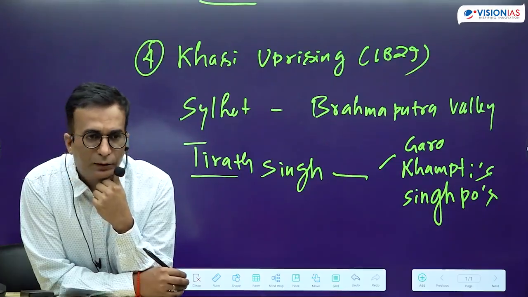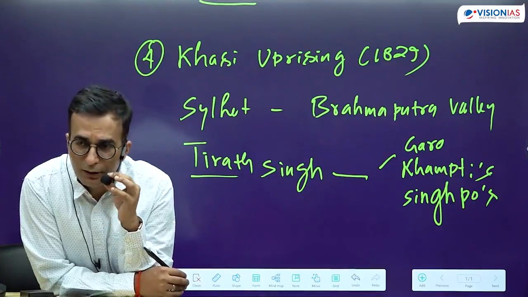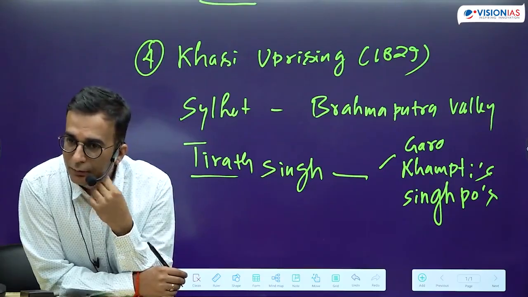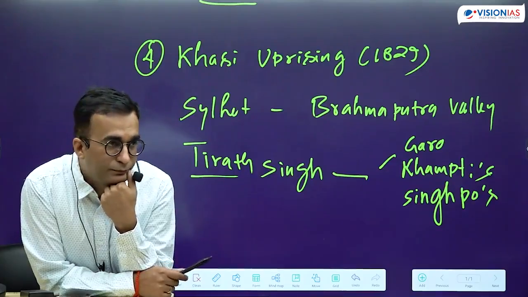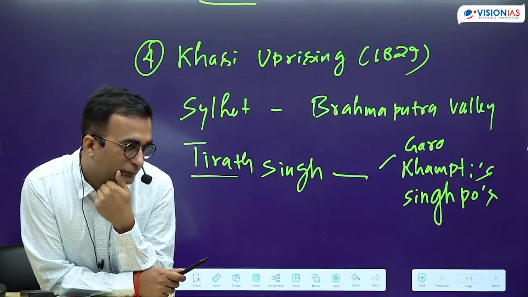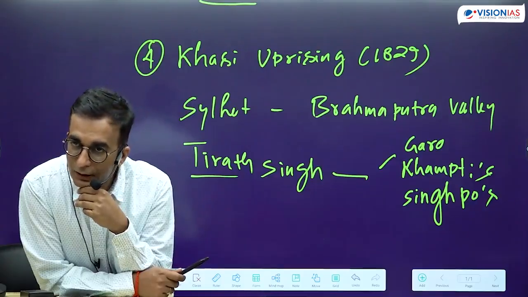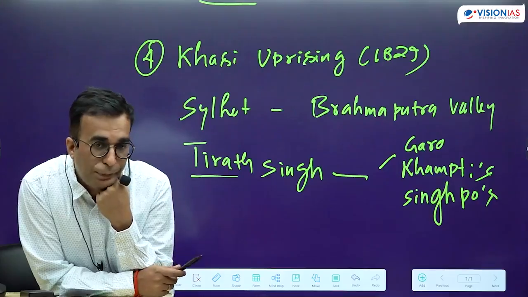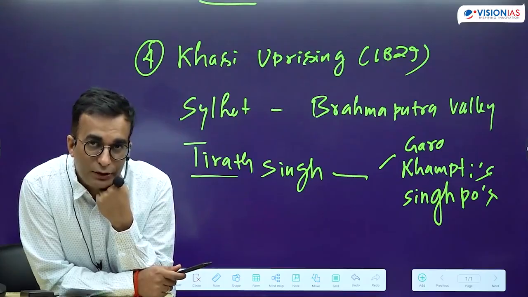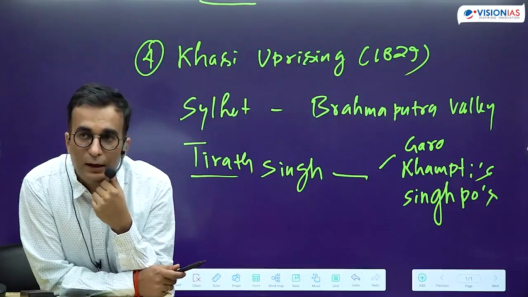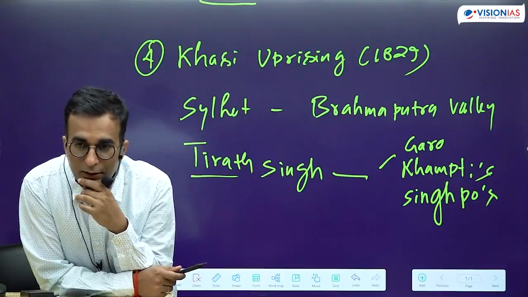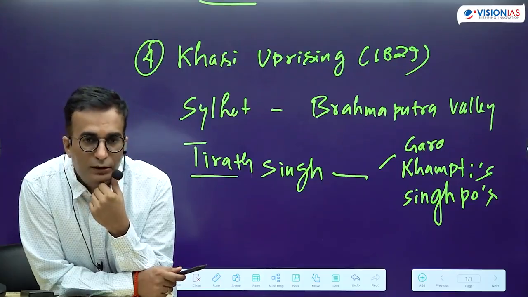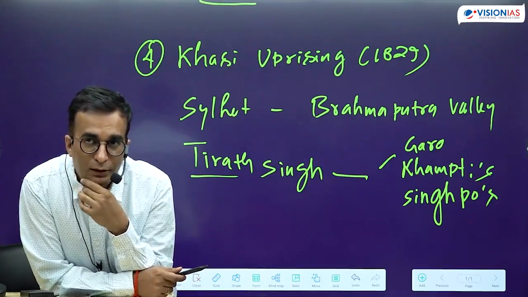But later, after the completion of the road, the British tried to settle outsiders in this area. In this situation, Khasis organized the revolt under the leadership of Tirath Singh.